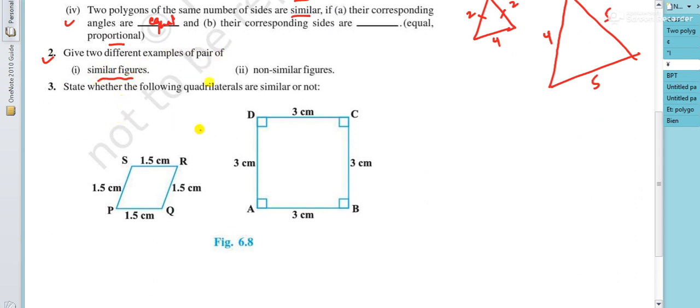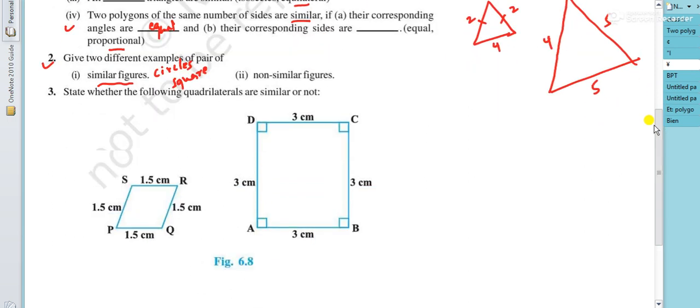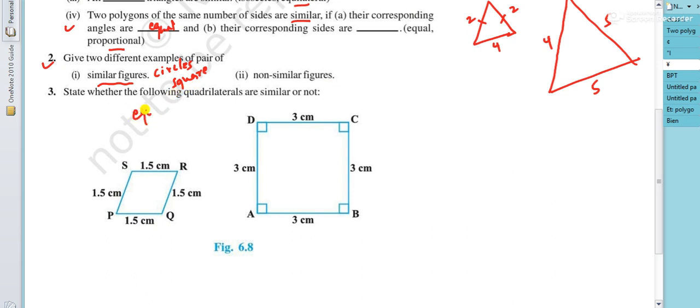Pairs of similar figures, we can say circles, then squares. I'm just writing these three, and also equilateral triangles. Any two you can write. These are examples of similar figures.